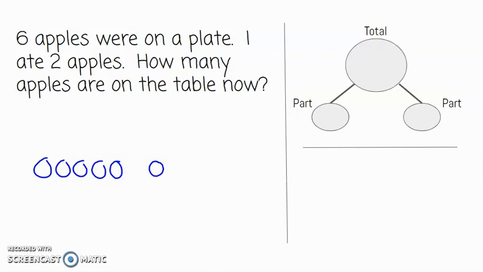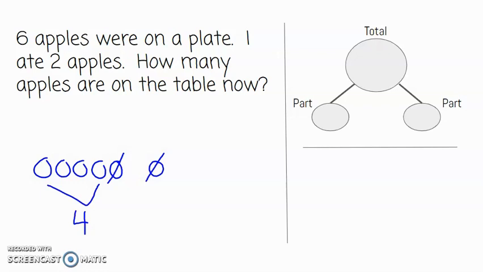We start to help students recognize and organize their thinking in groups of 5 to improve their efficiency and overall sense of numbers. This also helps students move away from counting each object individually. To represent subtraction, I will simply cross off the 2 apples that I ate. I can see now that there are 4 apples remaining.